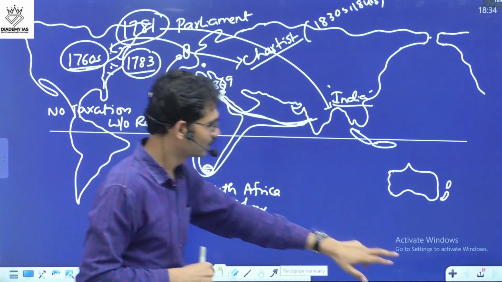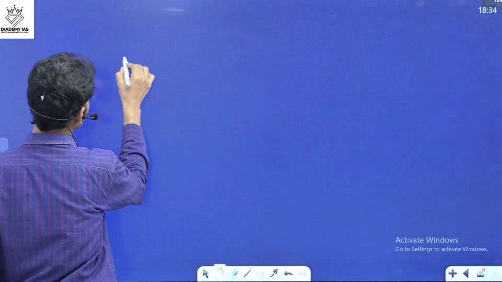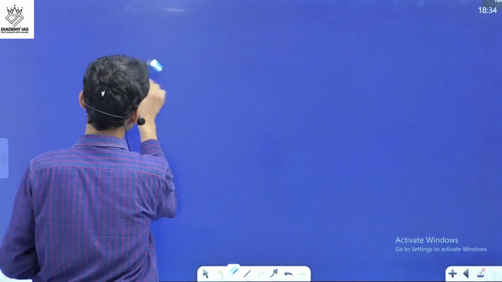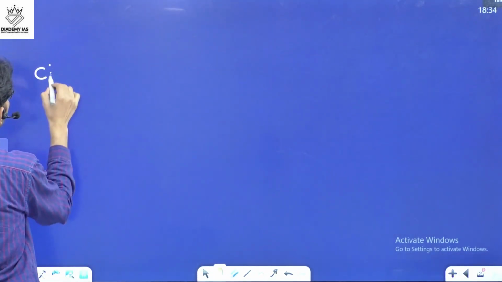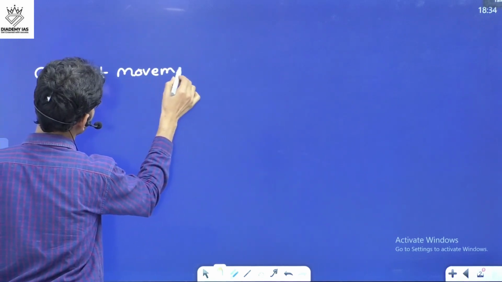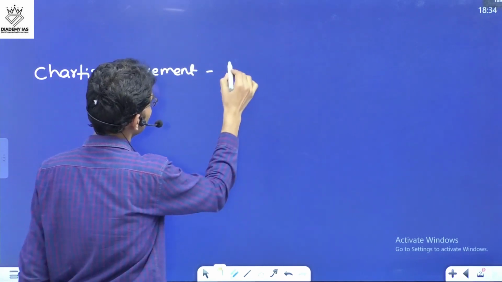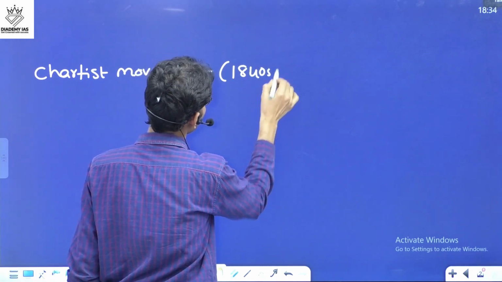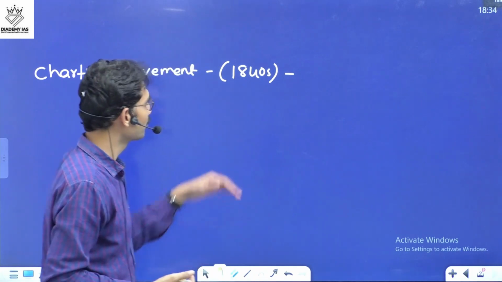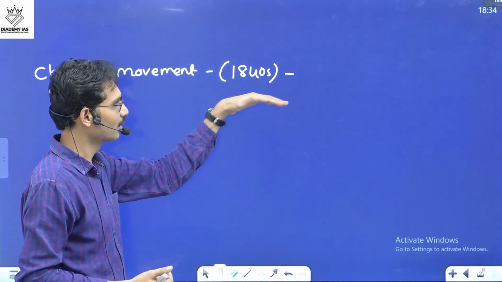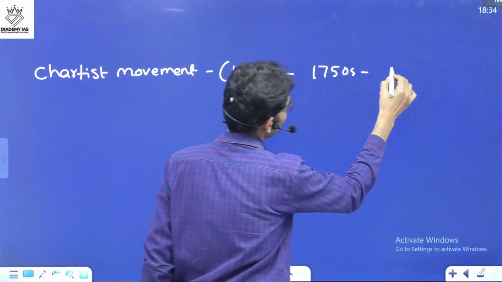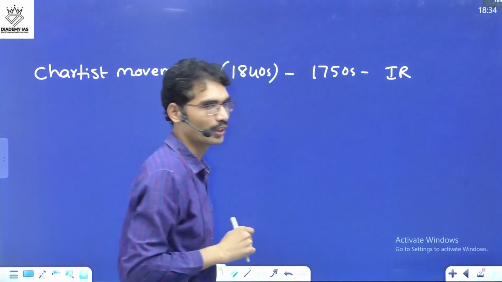Now, when it comes to the Chartist movement, particularly in the 1840s, this movement developed in London because of certain circumstances. From the 1750s onwards, the Industrial Revolution was going on.